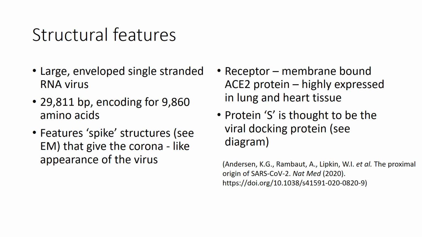It has 29,811 nucleotides, which are the units that make up the RNA, and it codes for 9,860 amino acids, which are the components of the proteins that form the virus.